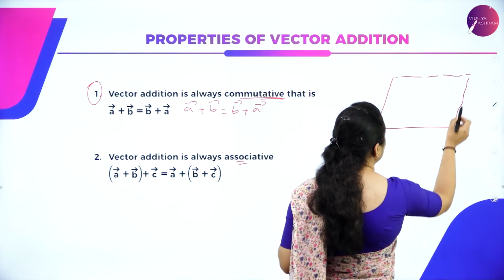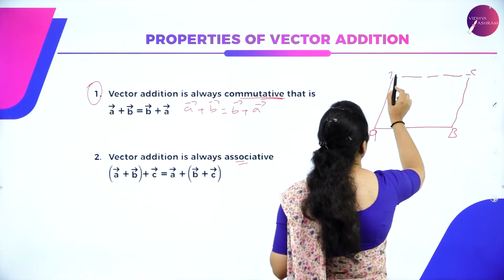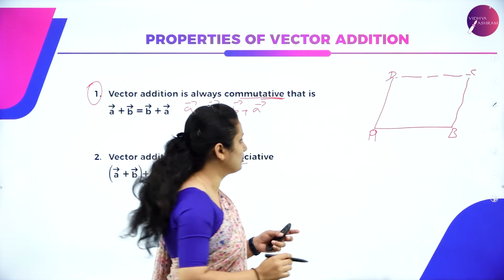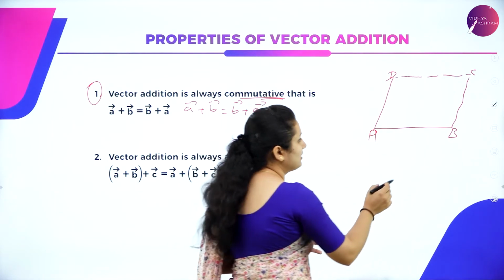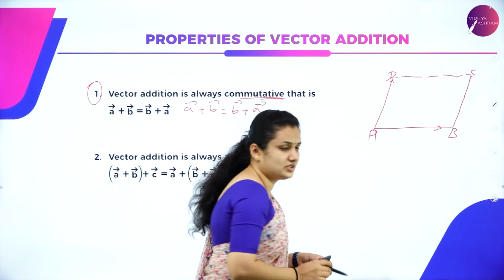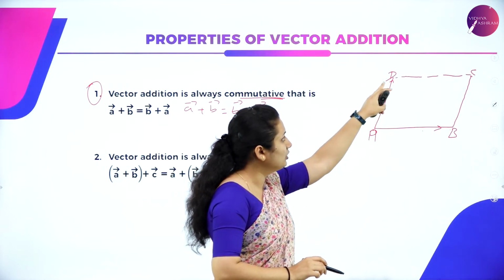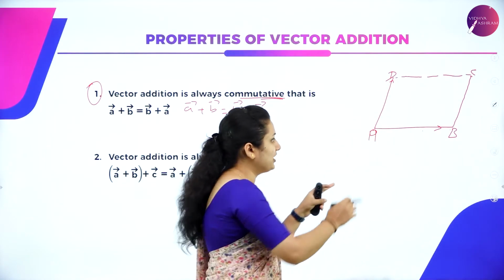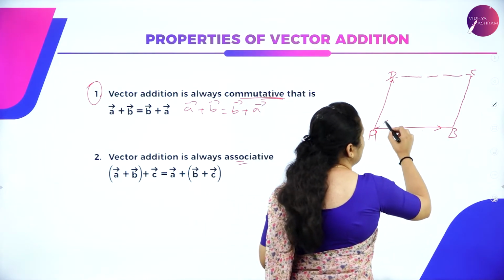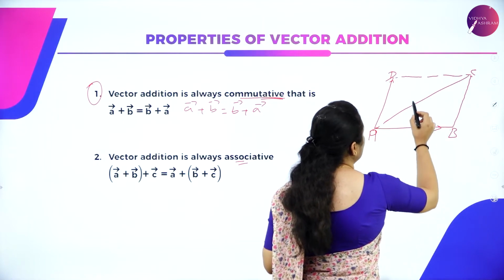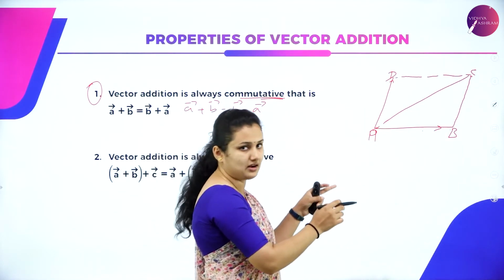So this is my C and this is my D. This is the parallelogram, and we know from the two adjacent sides, we will usually draw a diagonal. So this will give you the resultant vector.